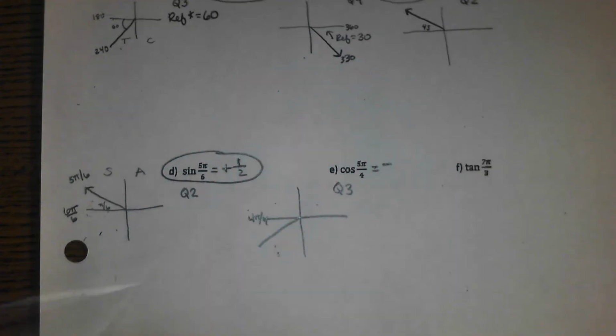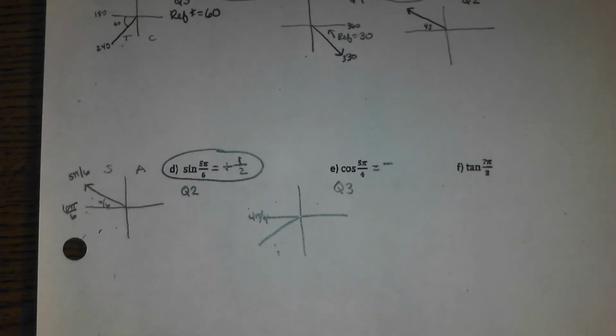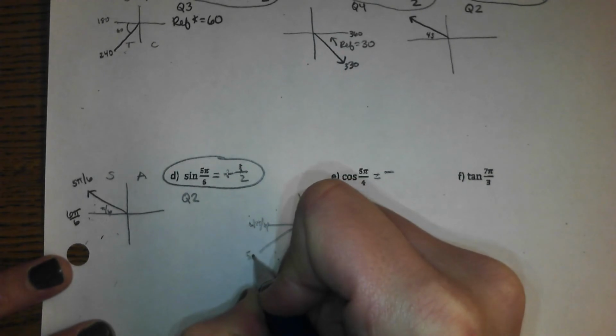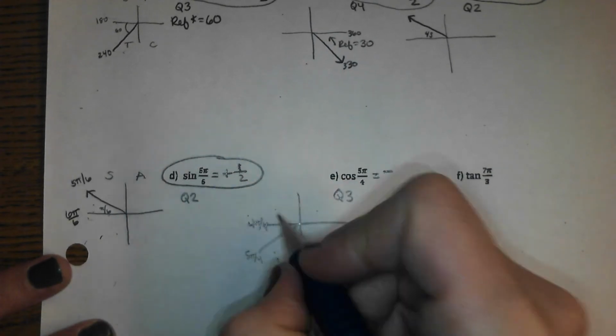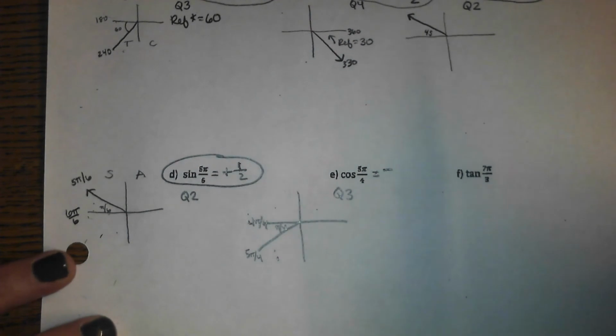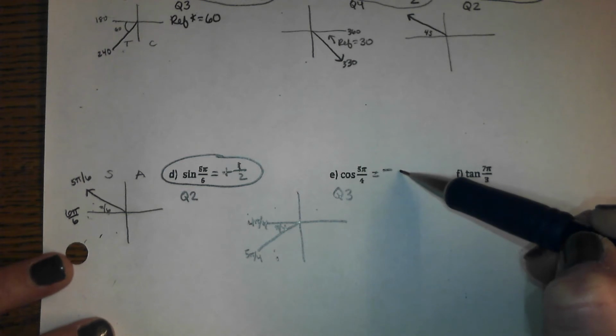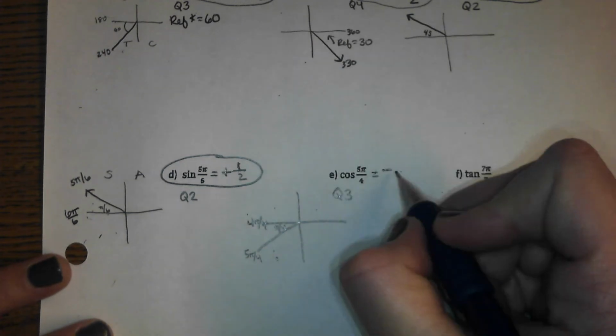So this is a cosine, so that would be a negative. Reference angle, Haley? Pi over 4. And so the numerical value, Natalie? Root 2 over 2. Very good.